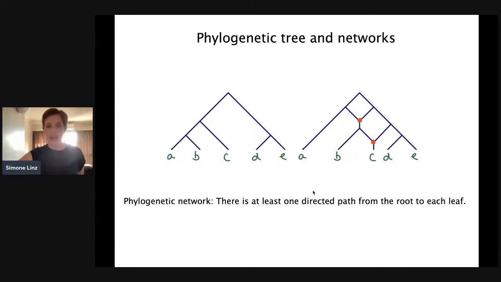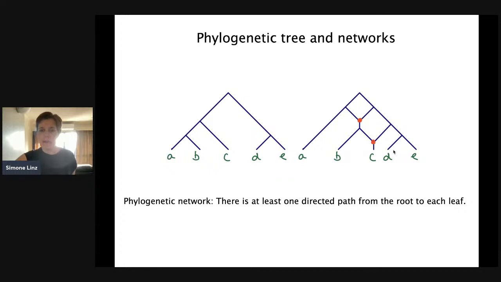But then we also have what we call reticulations, and those are the vertices representing hybridization or lateral gene transfer. And here we have 2 arcs directed into a vertex and 1 out. And we have 2 such vertices in this network here. So you can already see that for phylogenetic networks, there is at least 1 directed path from the root to every leaf.